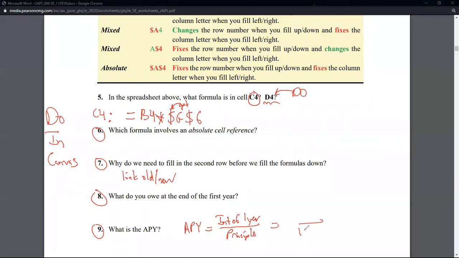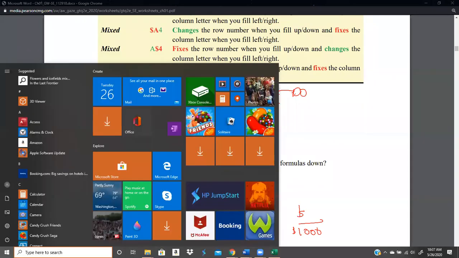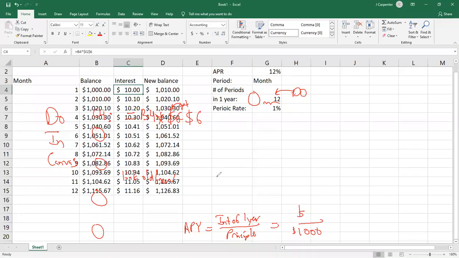Now the principal was $1,000. That's what we borrowed. The interest over 1 year, well, we borrowed 1,000 and then we end up having to pay this much back. Remember, interest is the difference of what you owe and what you borrow.